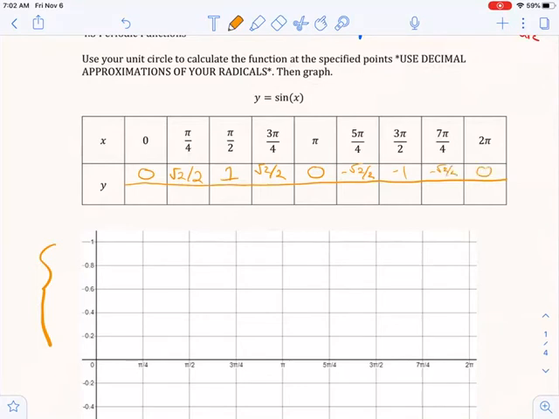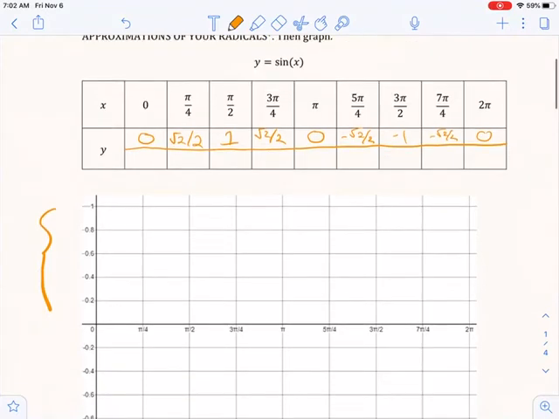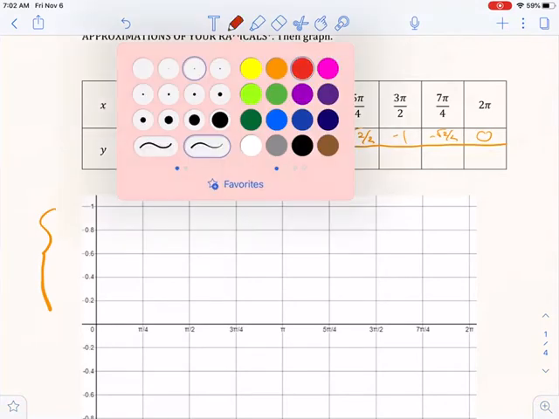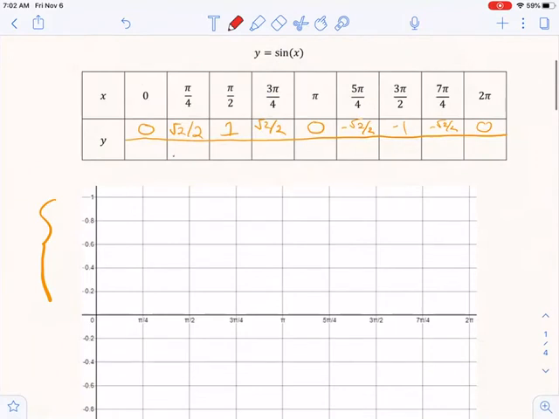Some of these points I could plot straight off, but again, I'm going to get the decimal approximation. All I need, it seems, is the square root of 2 divided by 2, which equals 0.707. That's going to help me figure out the rest of this.